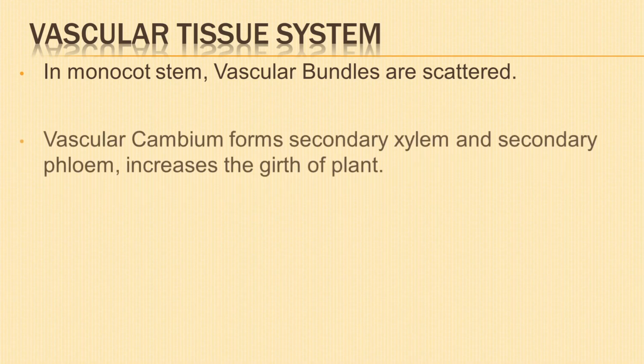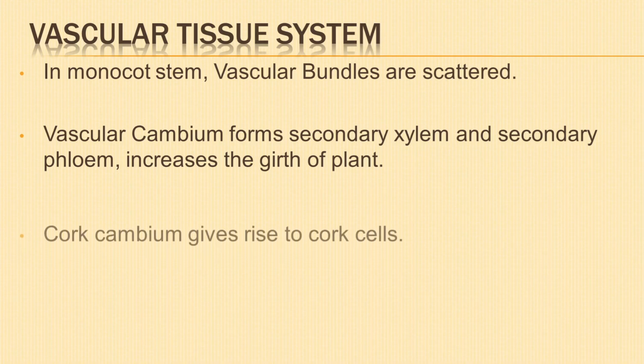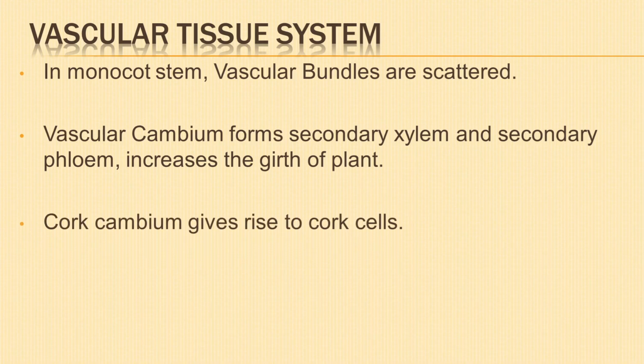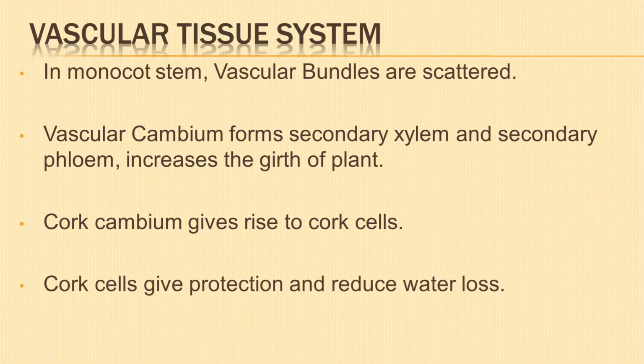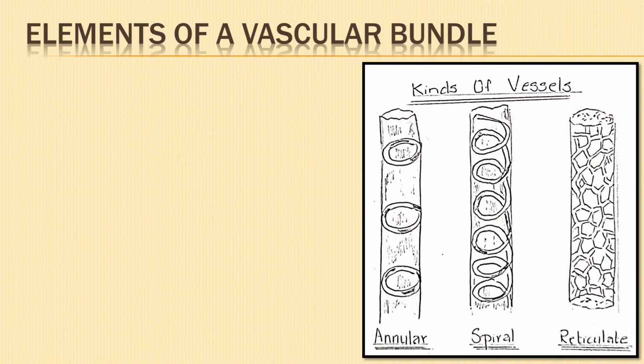The vascular cambium gives rise to secondary xylem and secondary phloem and thus increases the girth of the plant. The cork cambium gives rise to thickened cork cells. These cells protect the plant and also reduce water loss. Now, let us study the elements of a vascular bundle.